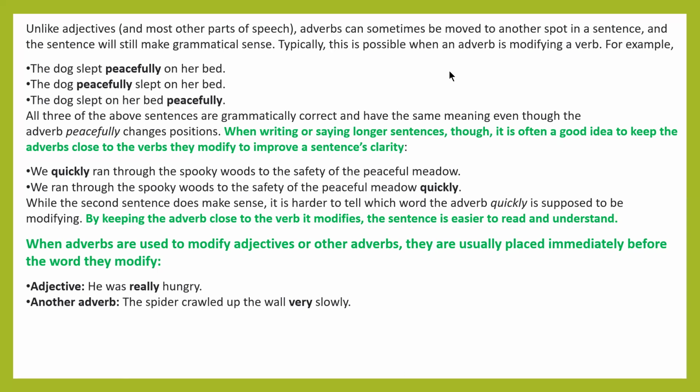Slowly is an adverb, and very is modifying it, so it comes before it. So whenever adverbs are used to modify adjectives or other adverbs, they are usually placed immediately before the word they modify. Kindly keep this point in mind.